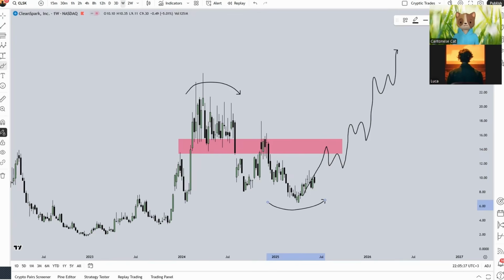And like we've seen with CleanSpark, something I really like about CleanSpark right now is that they have given up on their dilutive measures and instead have started to use their Bitcoin reserve to finance their operations. So, what are your thoughts on that?